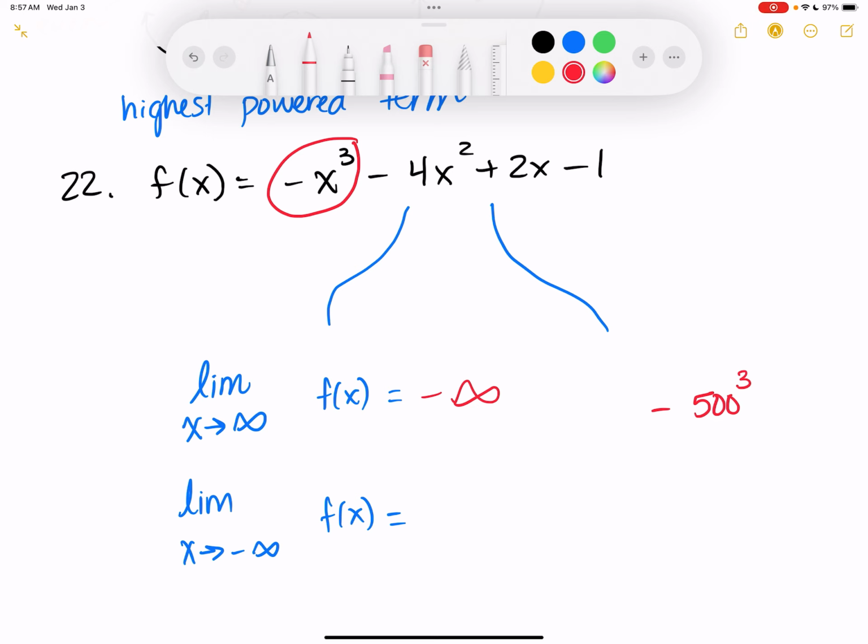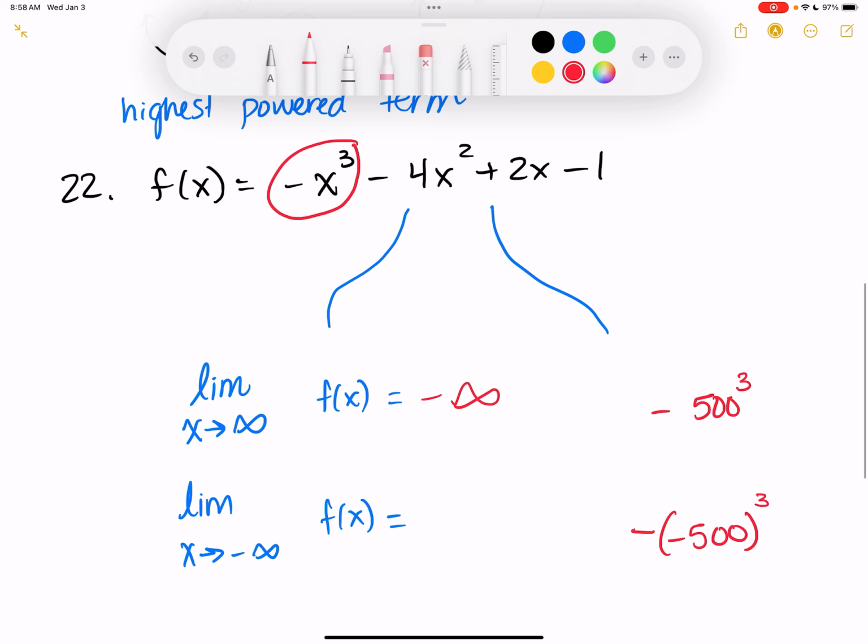At negative infinity, though, I'm going to plug in something like negative 500. And I'm being obnoxious about it because obviously it's going to infinity and I want you to see it, but you can plug in any really big number and it doesn't matter. So it would be negative, and then I'm plugging in negative 500 cubed. What is the sign of this going to be? Positive infinity.